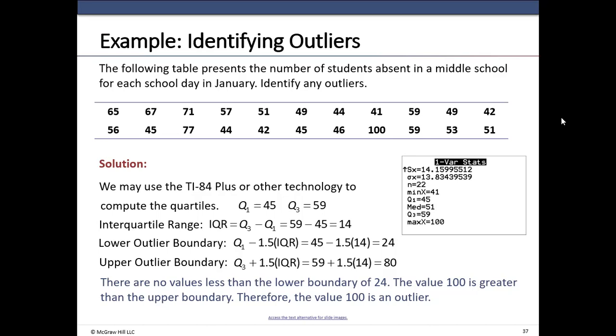Okay, 22 data points. Then we want to do a box plot on this.